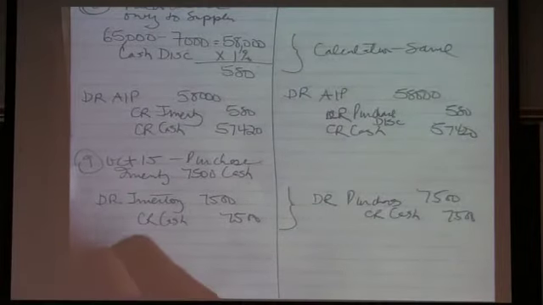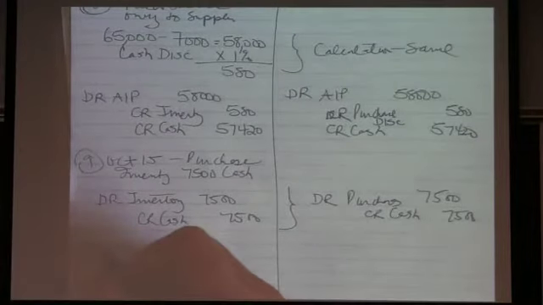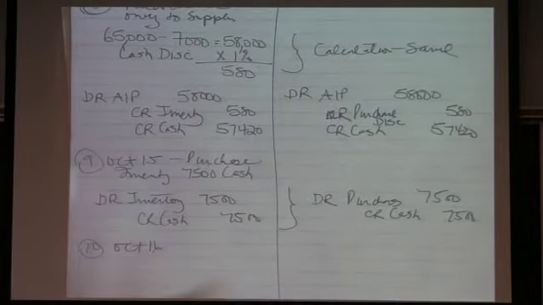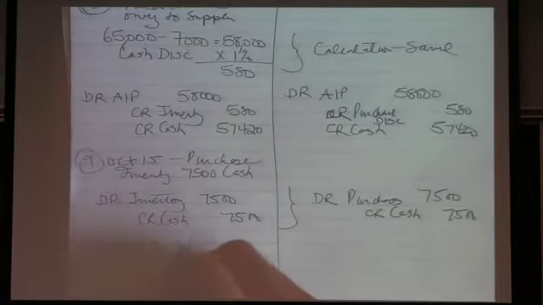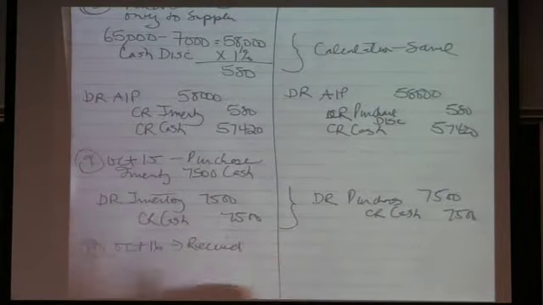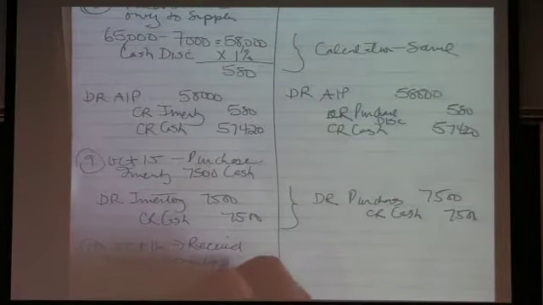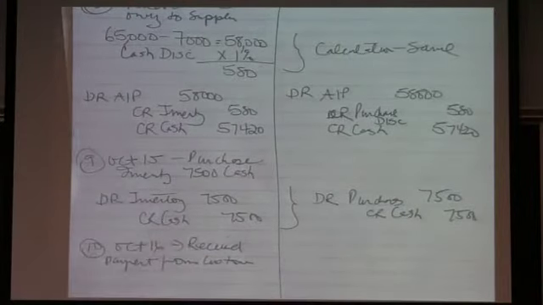Now, on number 10, what happens on October 16th, we received the balance from our customers, right? So received payment from customer. So how much did our customer owe us?